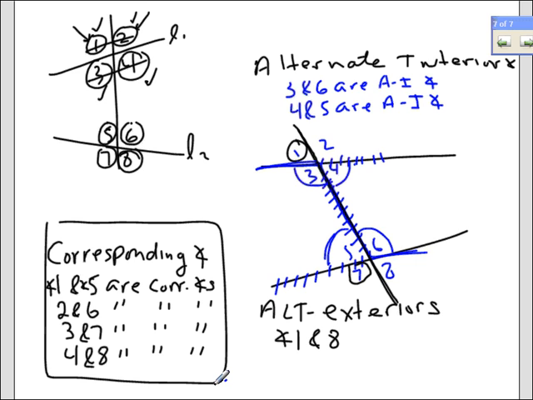That's why 1 and 7 are not alternate exterior. Okay, angle 2 is an exterior, and it's on this side of the line. It's on that side of the line. I don't want to say right or left, because if the transversal is horizontal, well then which is right and left?